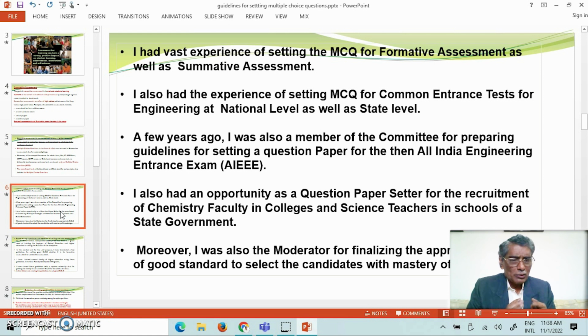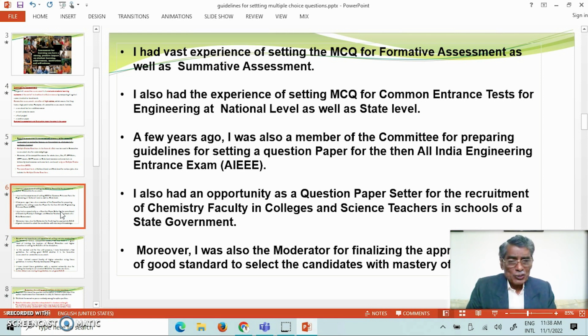A few years ago, I was also a member of the committee for preparing guidelines for setting a question paper for the then All India Engineering Entrance Examination, IIIT. I also had an opportunity as a question paper setter for the recruitment of chemistry faculty in colleges and science teachers in schools of a state government.